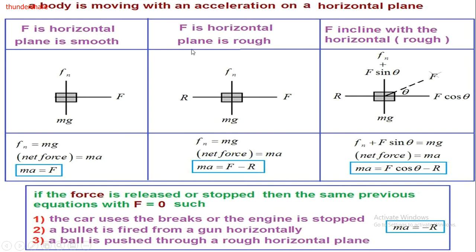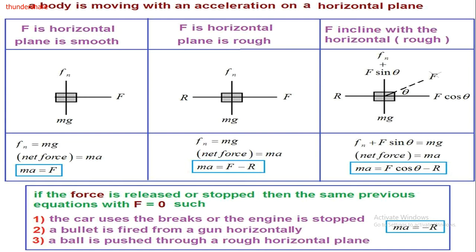How about a rough horizontal plane? Rough means there is a resistance, so F minus R equals ma, which is the net force. Why, mister, don't we say R minus F? Where is the direction of motion? Of course, the resistance is always against the direction of motion.